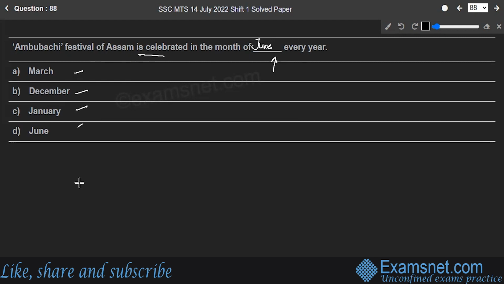It is the annual festival of Kamakhya temple and is widely known in the month of June every year. The Ambubachi Mela is held between June 21 to June 25. So option D is the correct answer to the question.